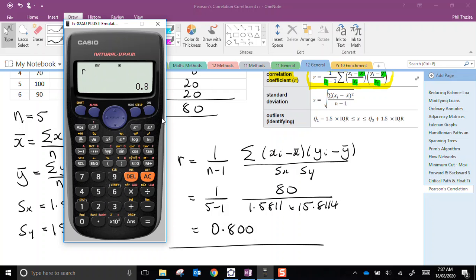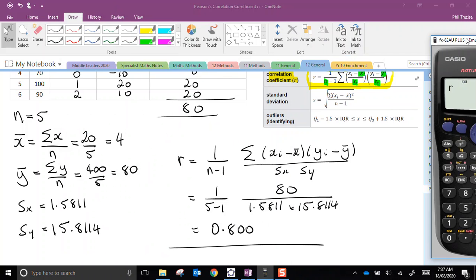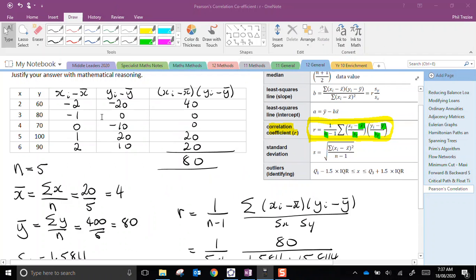That's the exact answer that we produced. So if it was just a 1-mark question where we only need the answer, you can use the calculator to give you the value of r. If you need justification, if the question specifies justify your answer with mathematical reasoning, then you have no choice, I'm afraid. You have to do all this working and quote this formula, which we've got down here.